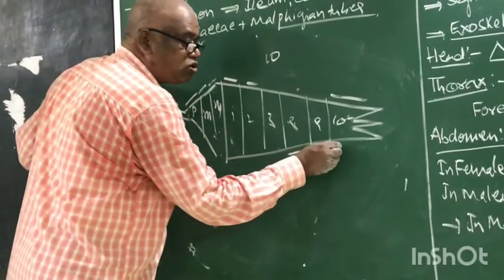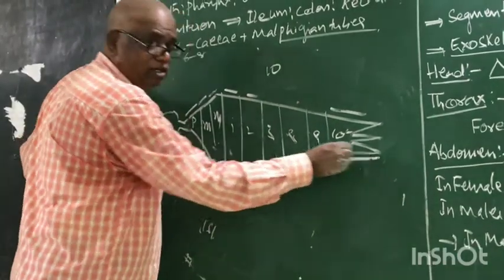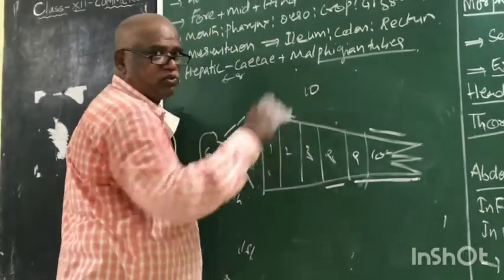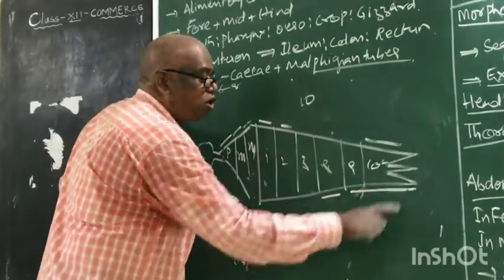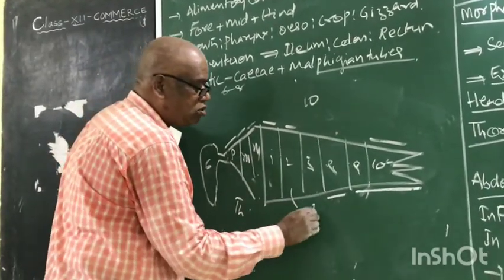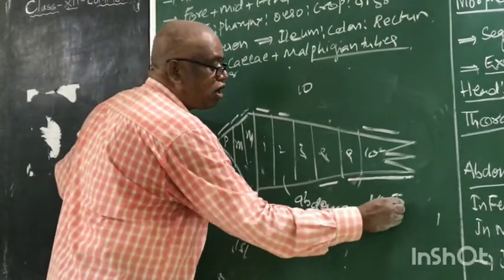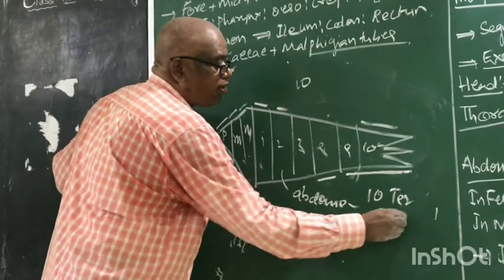The ninth sternum is extended to the tenth also. Hence the abdomen contains ten terga, but nine sterna.